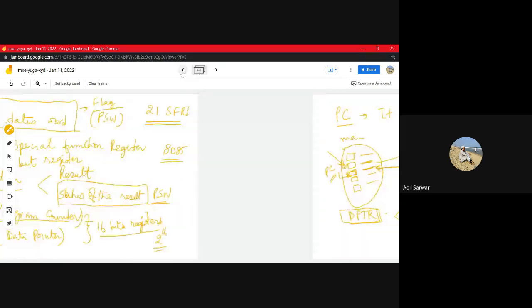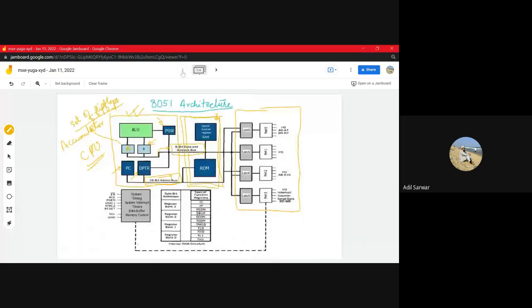Now, okay, so this completes your memory part. Now come to this part, which is very simple, the IO part. So IO ports, I have already discussed about them. There are 4 IO ports, each having 8 pins.